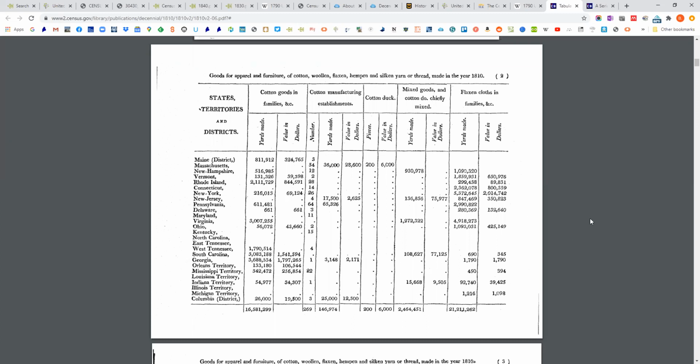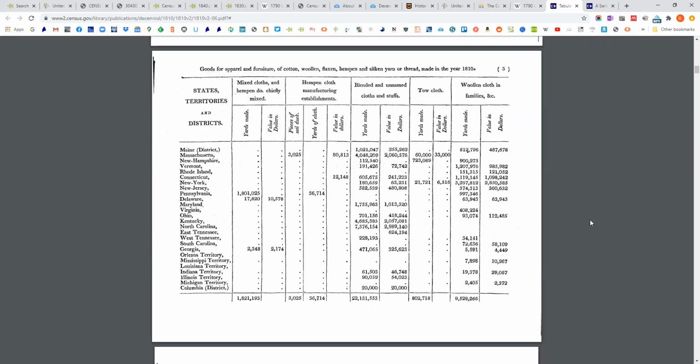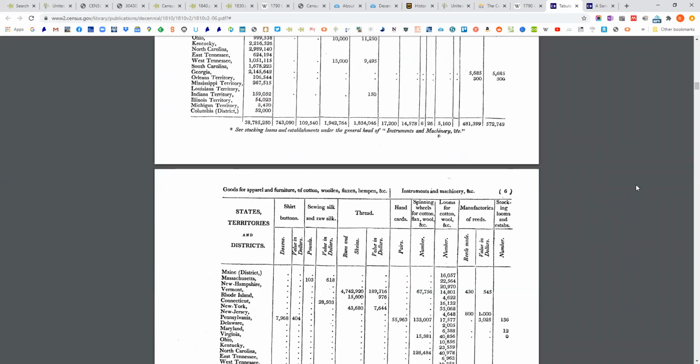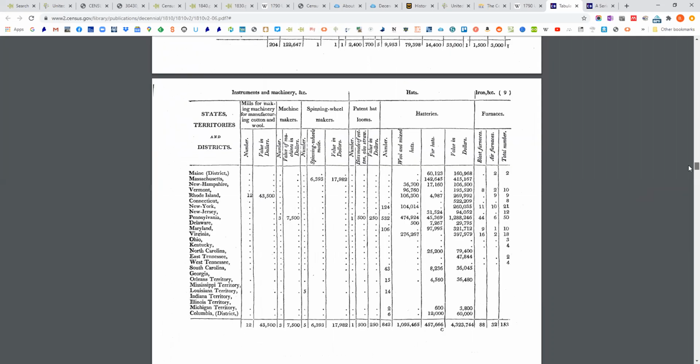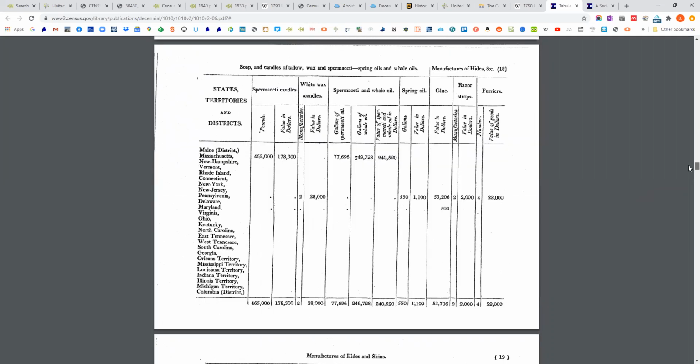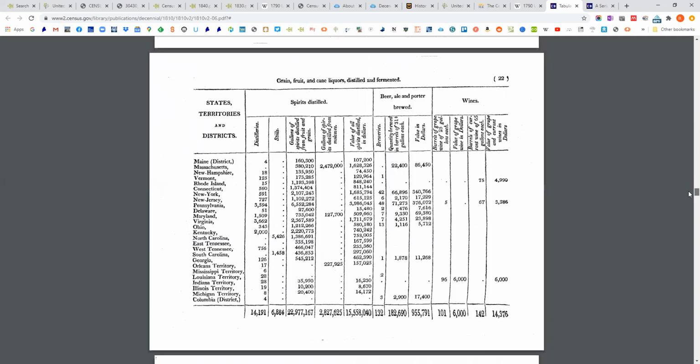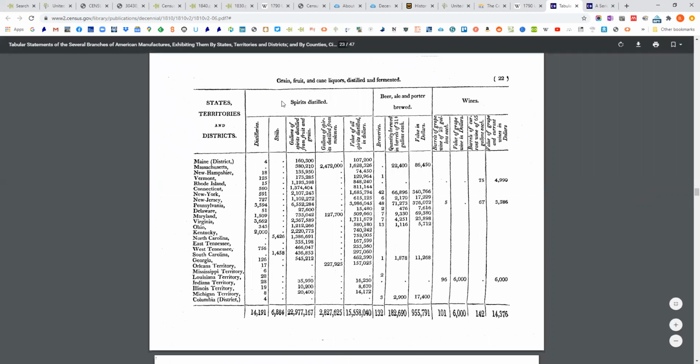So there were issues with how this was collected, but it is quite interesting to see what they regarded as, so here we have spirits distilled, beer, ale, and porter brewing, and wines.